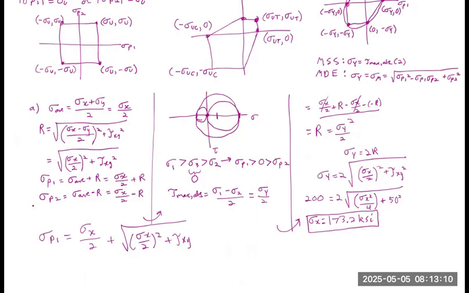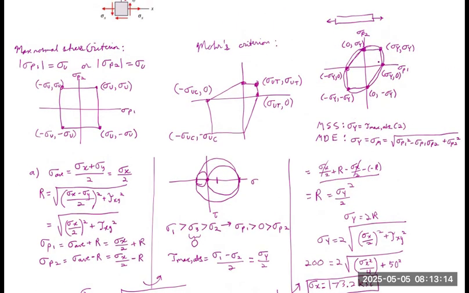Our goal here is to find our principal stress 1 to see where it lies on this maximum shear stress theory and maximum distortional energy theory graph. The maximum shear stress theory is represented by the diamond, and the maximum distortional theory is represented by the ellipse.